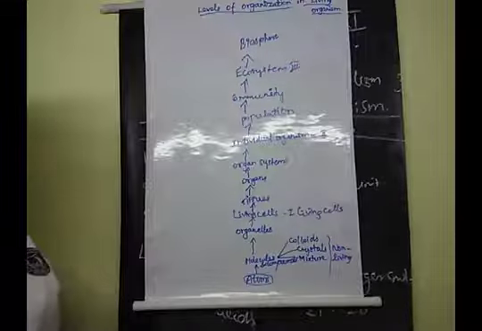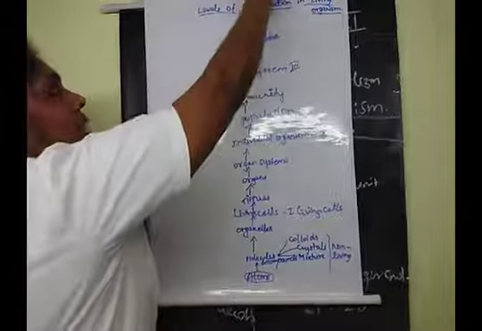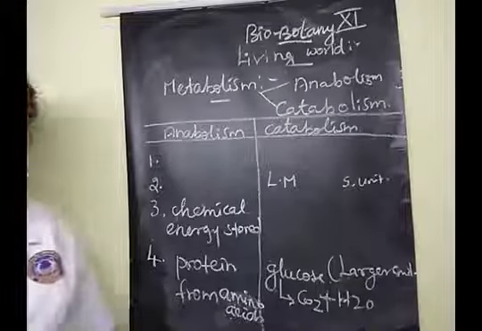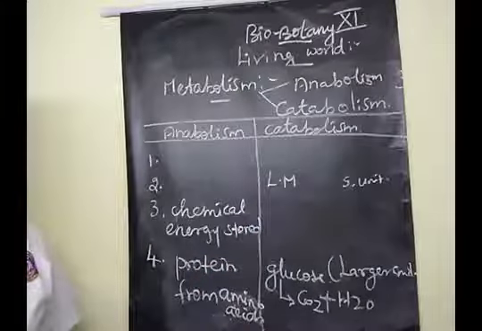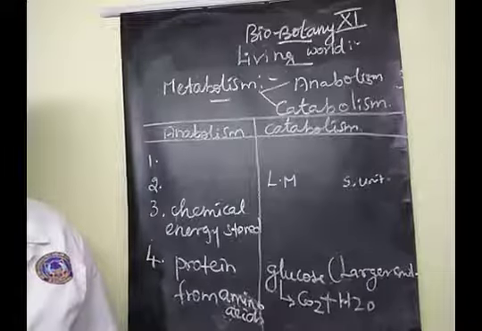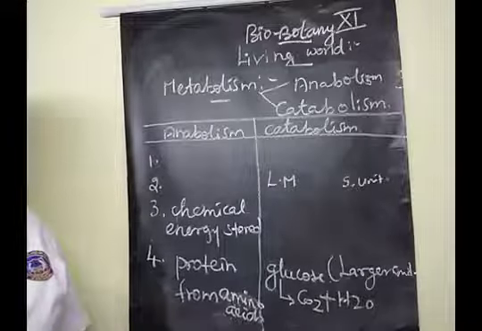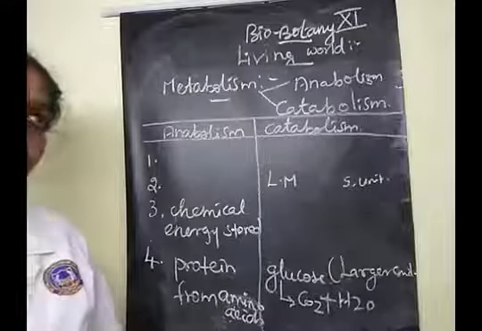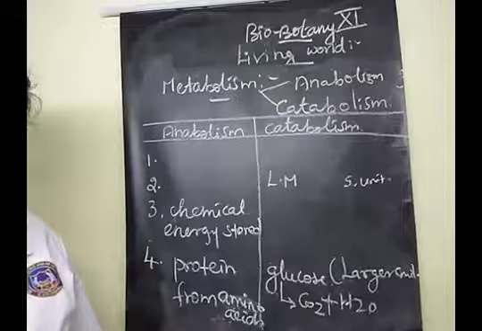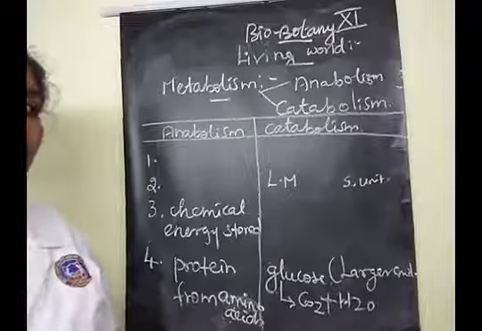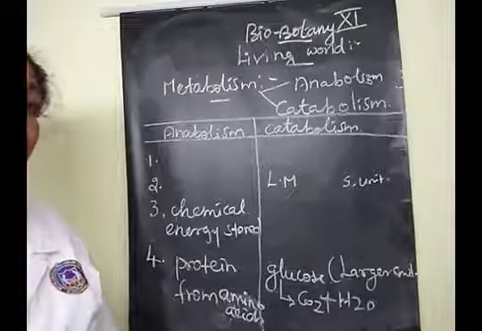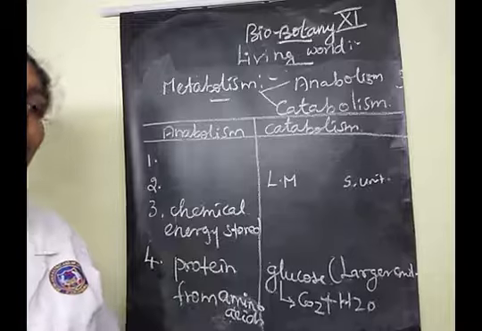Clear, children? Yes. The next one is an activity. They are given 2 species: one is Vallisneria, a water-living plant, and another is Chara species, which comes under algal species. If you take the leaf part of Vallisneria, or the thallus of Chara, the plant body is called thallus.